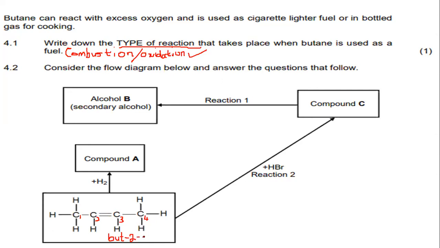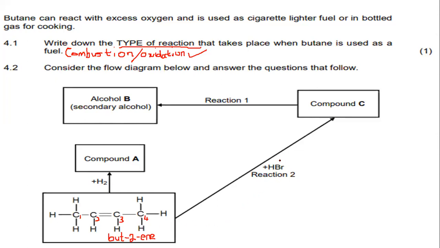Then I put an -ene. Remember, my dear learners, when you show us the position of the double bond, which is a number, then you need to remember that you need to have a hyphen between a letter and a number. That is why I have it there. I also have a hyphen there between a letter and a number. So this molecule is butene.